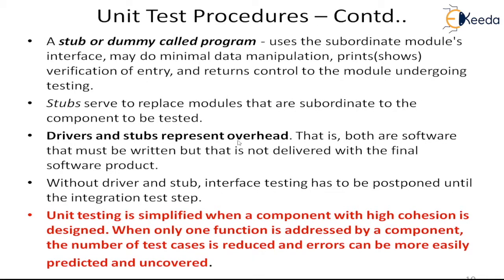A stub is a dummy called program or invoked program or message passing program, uses the subordinate module's interface, may do minimal data manipulation, print the result on entry, and also transfer the control to the unit being tested.